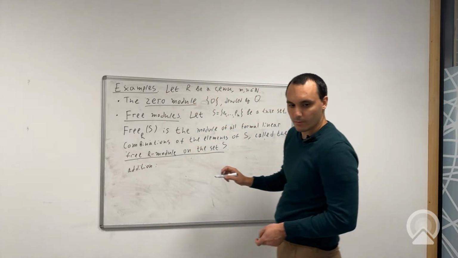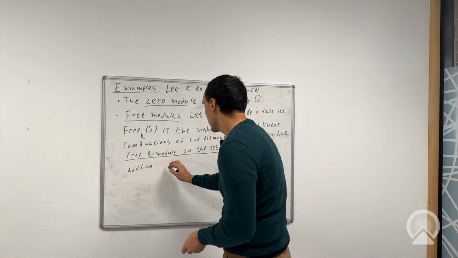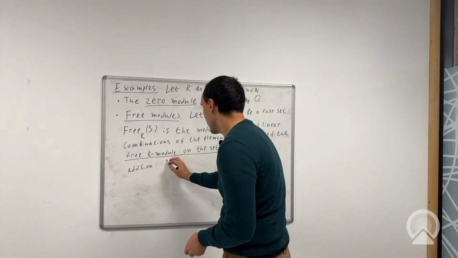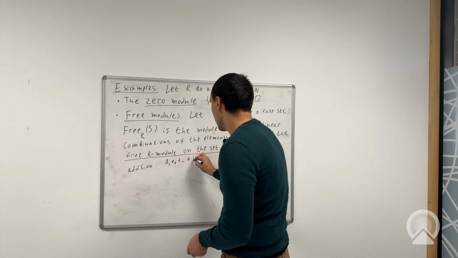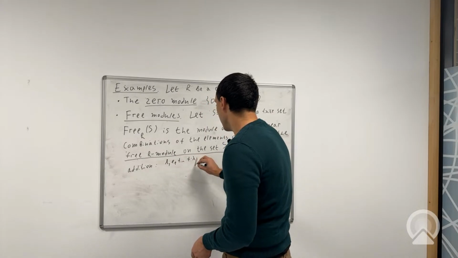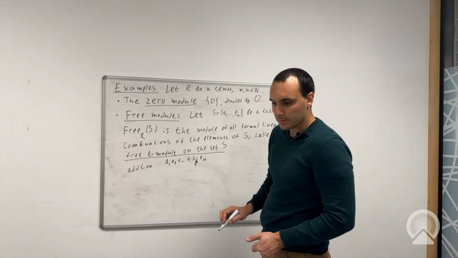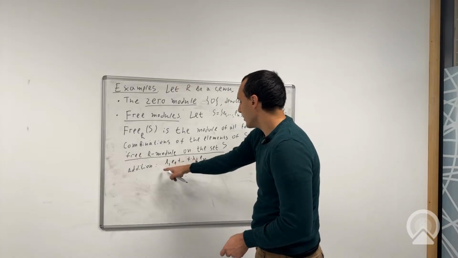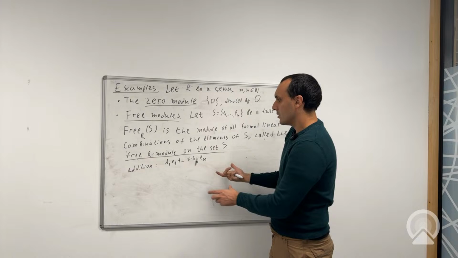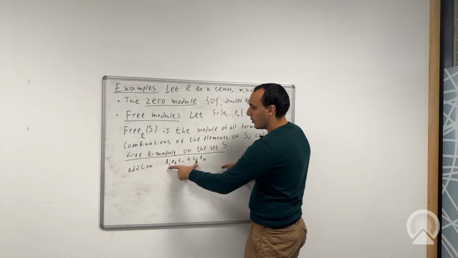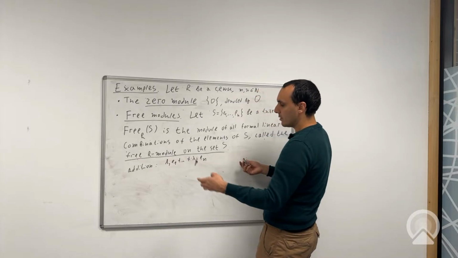So if we have two linear combinations, lambda_1 e_1 plus lambda_2 e_2 up to lambda_n e_n. The free module is just the set of all these combinations where lambda_1 to lambda_n are arbitrary.